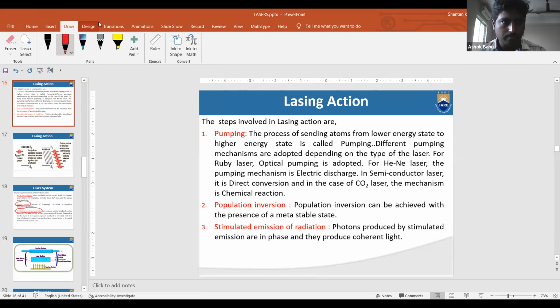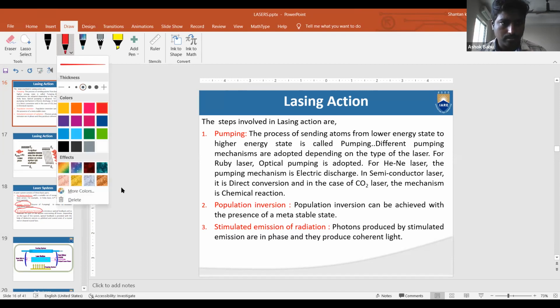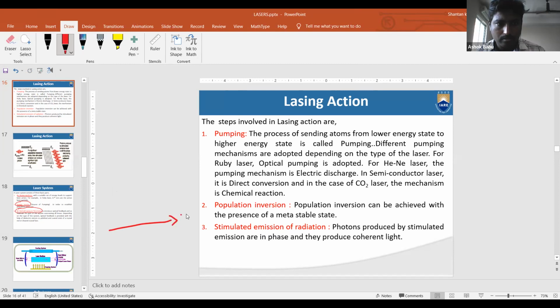So for example, see, this is the E1 state and E2 state. We are sending atoms to the higher energy state. By stimulated emission of radiation, this atom comes to the ground state energy level, and two photons are released.